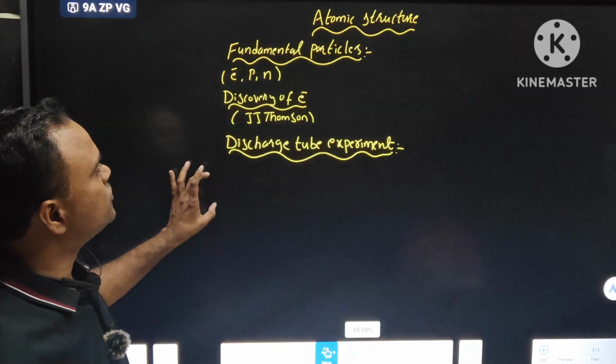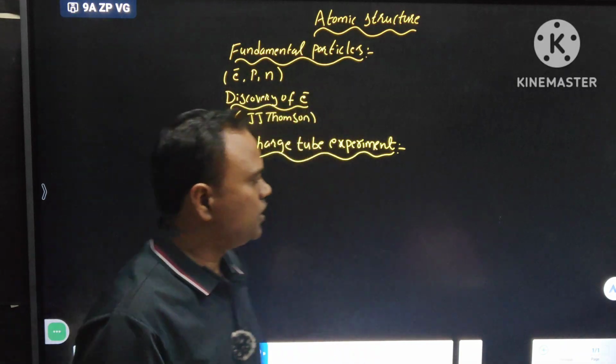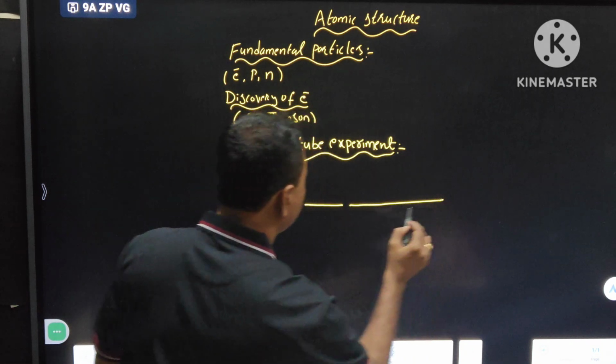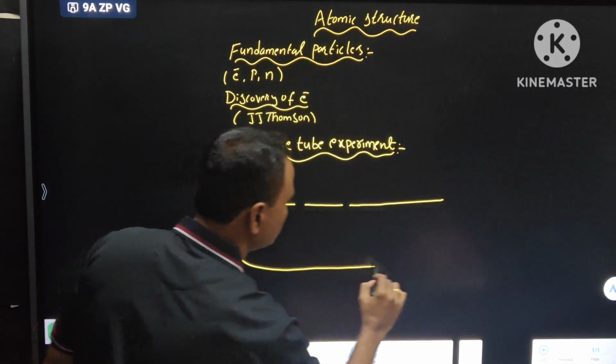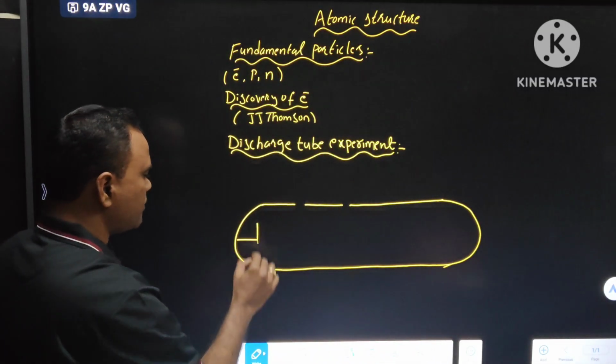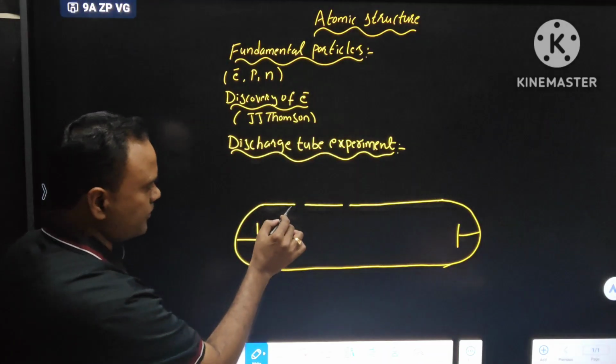What is a discharge tube? A discharge tube is made up of glass, having two metal plates at two ends. This is one metal plate, this is another metal plate, and it has two inlets.